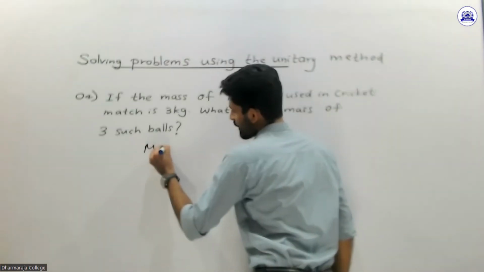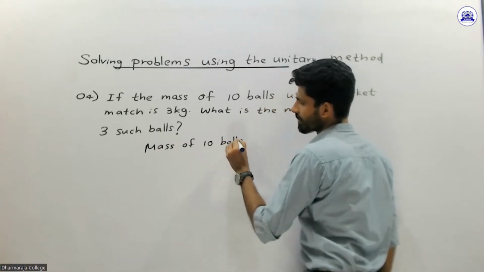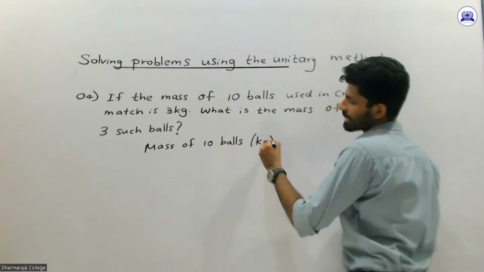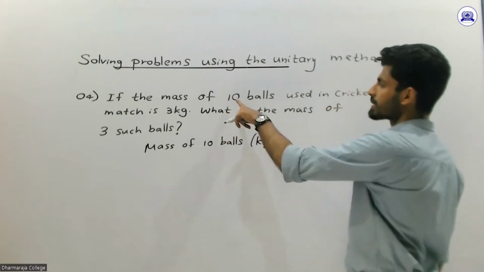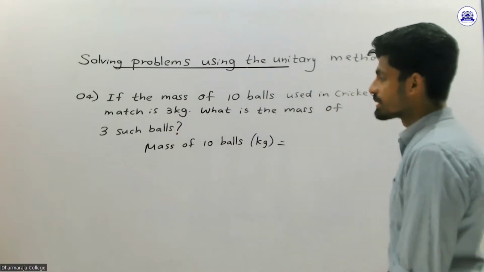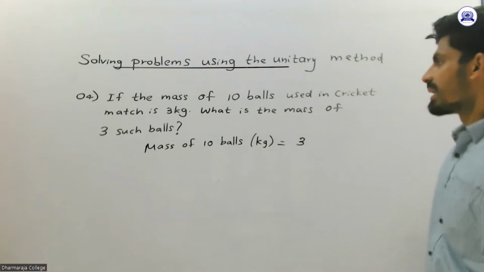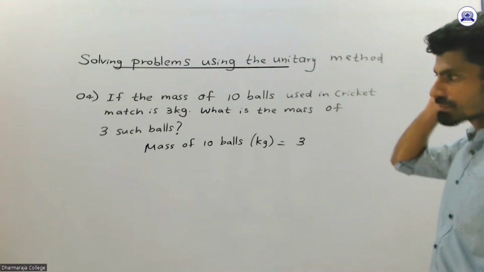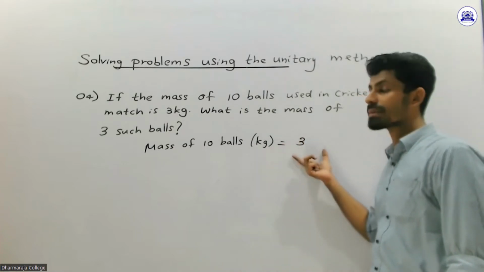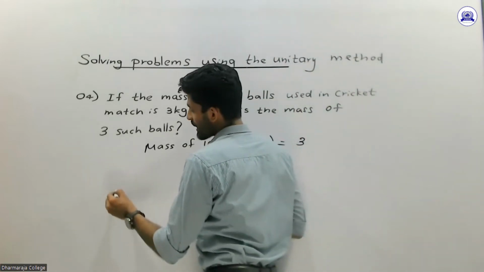Mass of 10 balls. We need to mention that in kilograms. So mass of 10 balls used in the match is 3 kilograms. We need to find out for 3 such balls. It is better to convert this into grams.